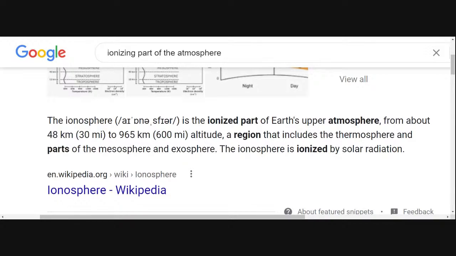A region that includes the thermosphere, which is another part of the atmosphere, and parts of the mesosphere and exosphere. The ionosphere is ionized, another key part, by solar radiation, which is the sun. So the sun ionizes.